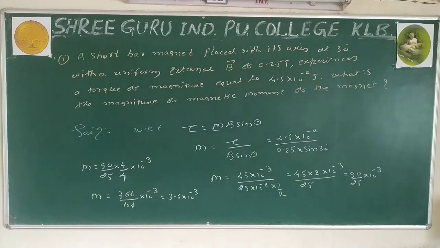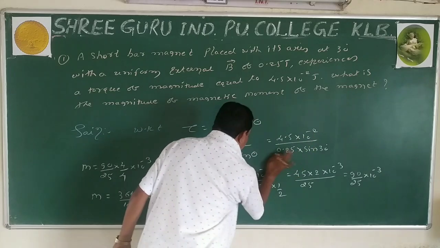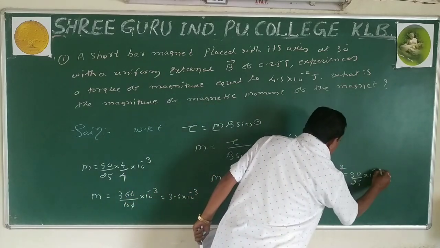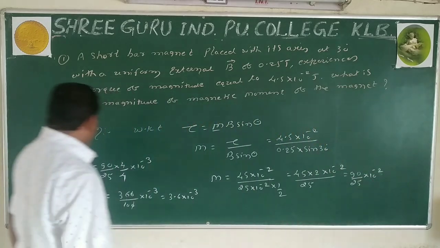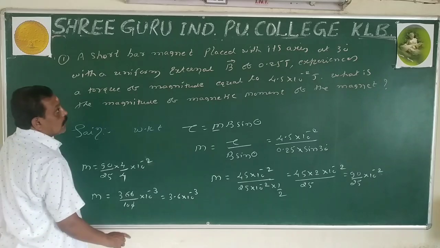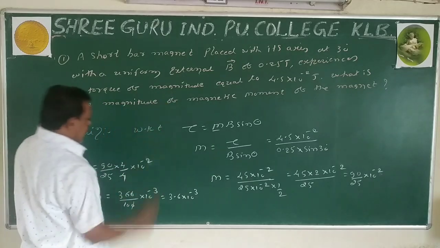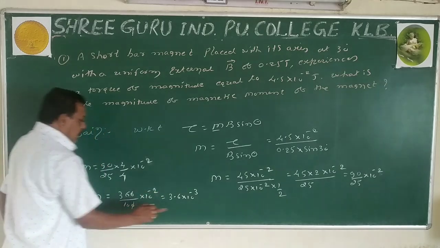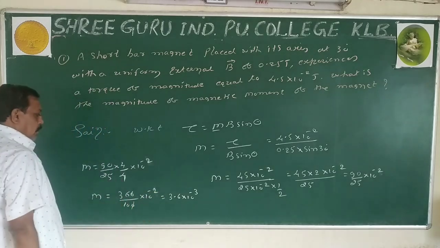एक बार चेक कर लो. Minus 2. I have written minus 3 now. Minus 2, इधर -2 बनाओ. Right? Minus 2, सही है.